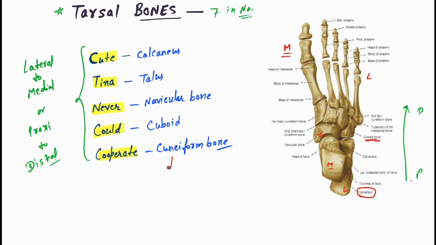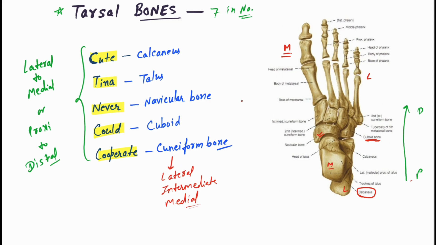Remember about the cuneiform bones, we have three parts here. What are the three parts? We have lateral, intermediate and medial cuneiform bones. So these are the tarsal bones.